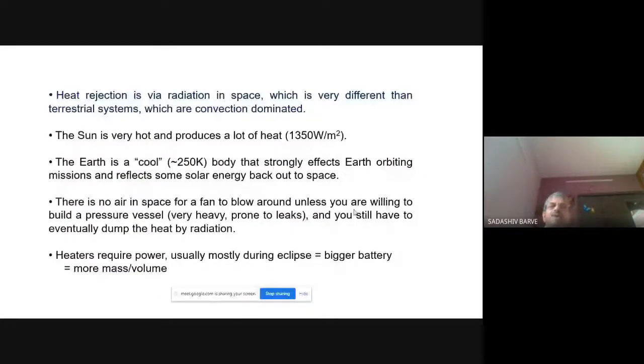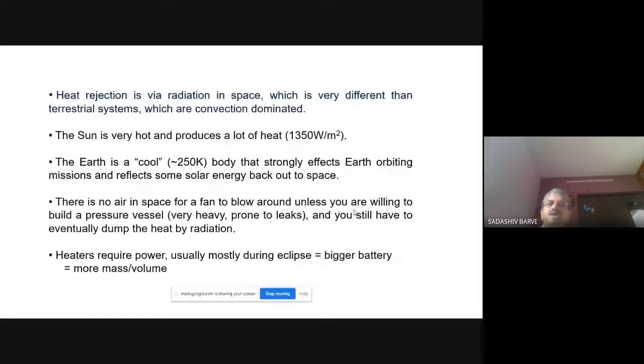Heat rejection is via radiation in space, or within an object by conduction, which is totally different from what we call terrestrial, meaning on the ground, which is dominated by convection.